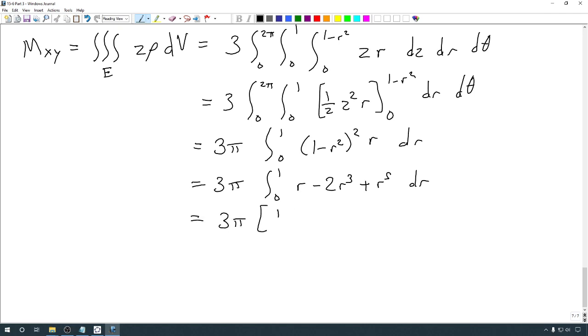The integral of that is 1/2 r squared minus 1/2 r to the fourth plus 1/6 r to the sixth. But we're just plugging in 0 and 1. 0 gives us 0, obviously, so we just plug in 1 for all of the r's.